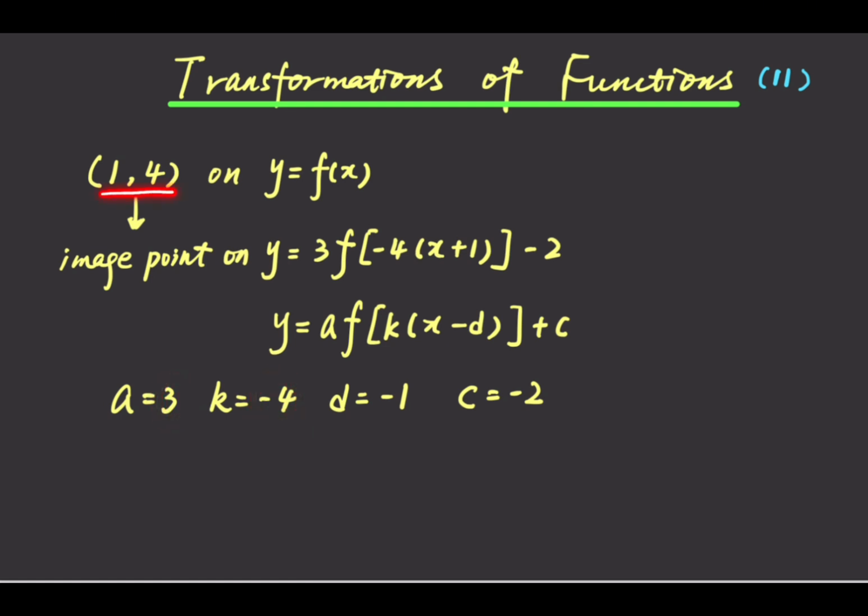From this point (-1, 4), if we transform this function to 3f(x), here 3 is A, so the corresponding image point on this graph should be (-1, 12).